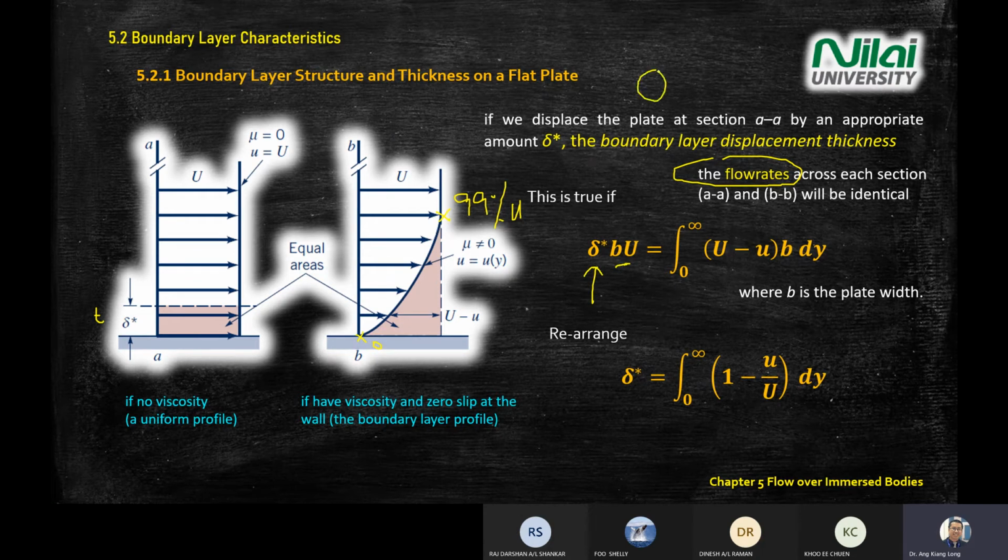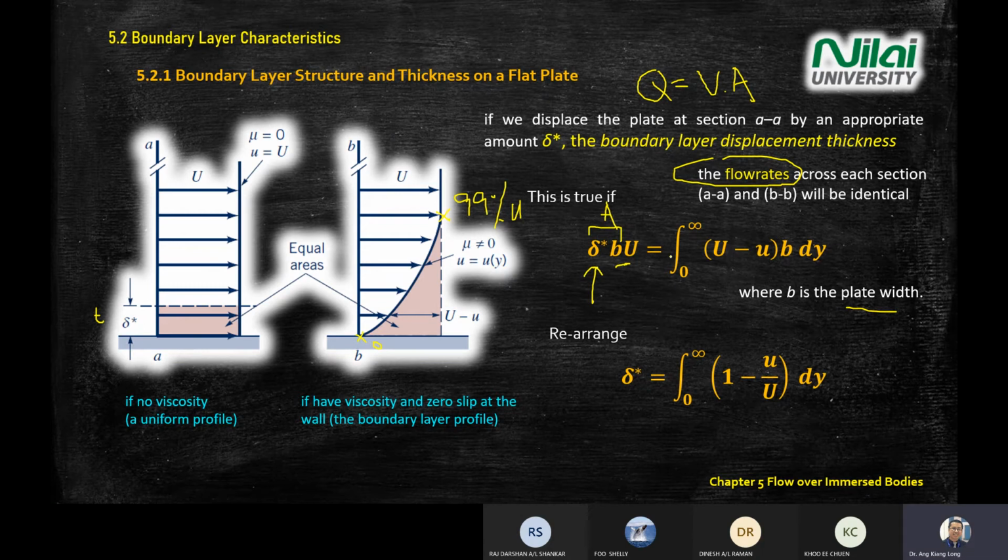Flow rate is Q. What is Q? Q is V times A, velocity times area. B is the width of the plate here. So you take thickness times the width, you get area. Area times velocity, you get Q.